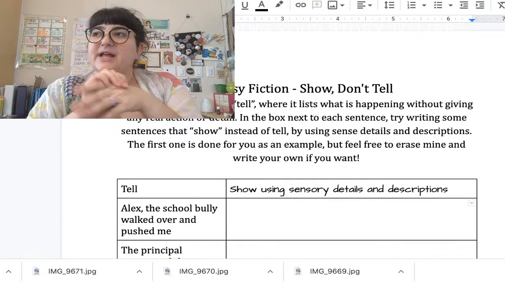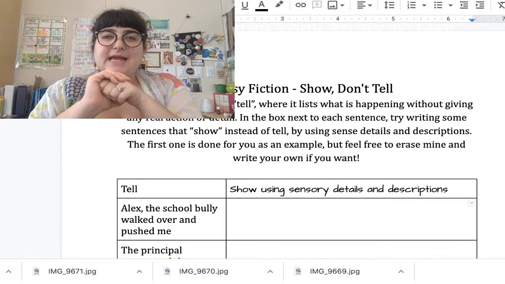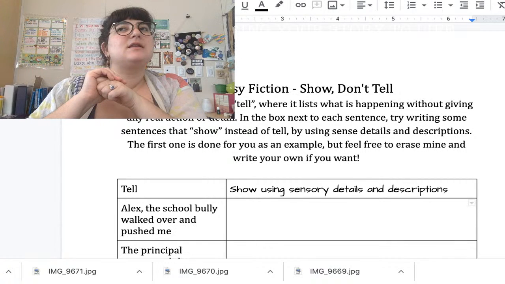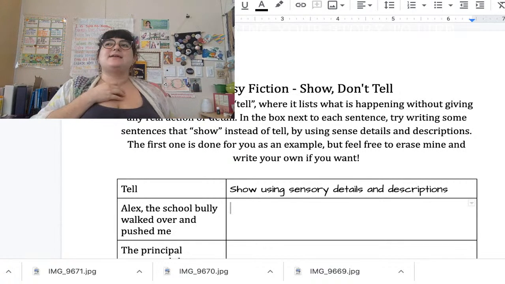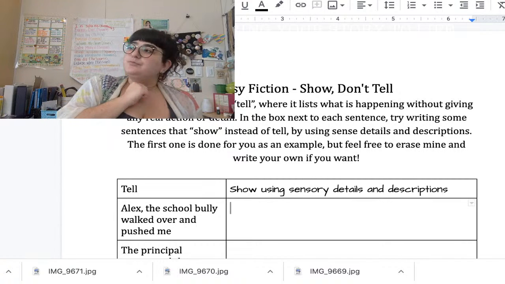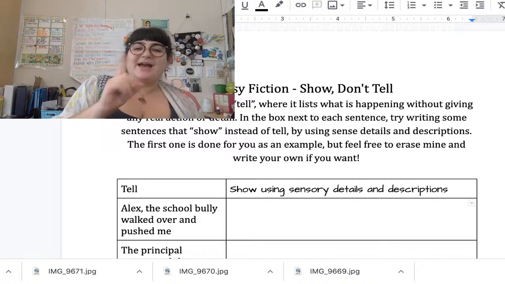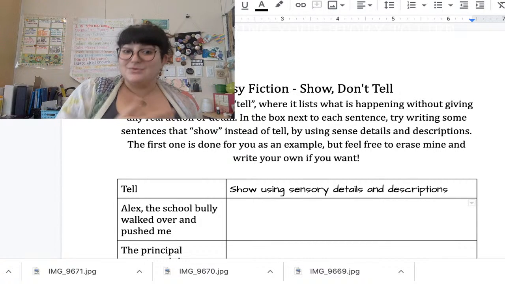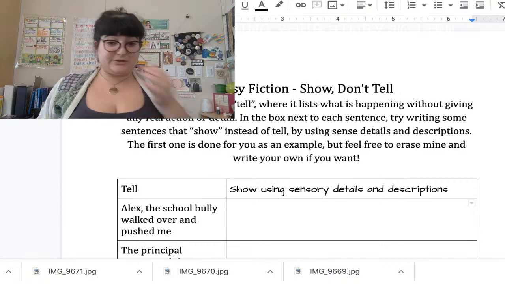And I'm imagining that this is taking place outside on the playground. Before he pushes me, do I hear them coming or do I see them coming first? Or do I not know that Alex is coming to push me at all?